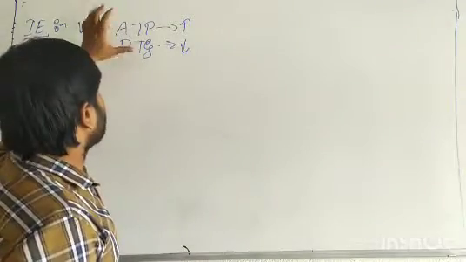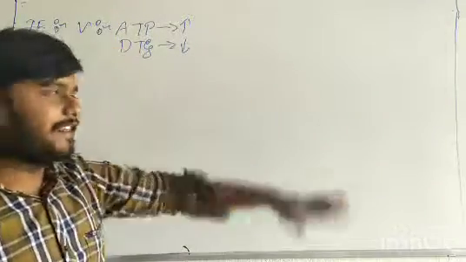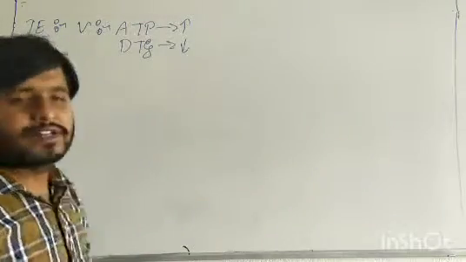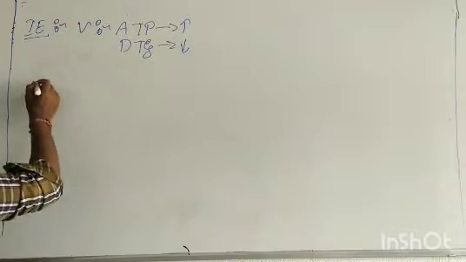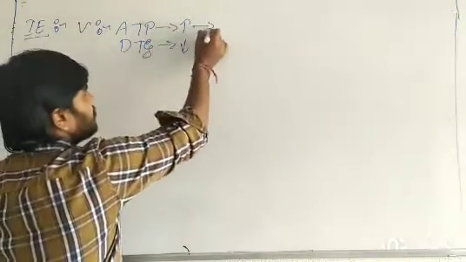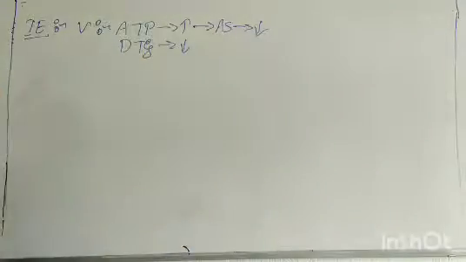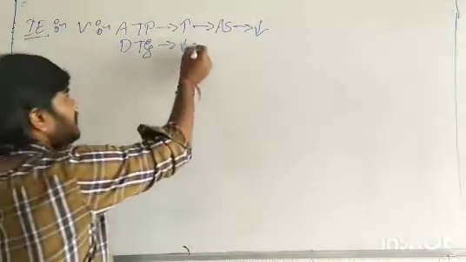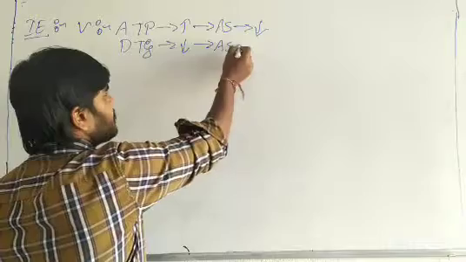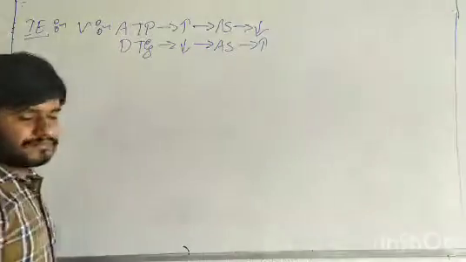So here guys, along the period it is increasing. That is the major concept we have to discuss now. Along the period, you know that the atomic size decreases, and down the group atomic size increases.